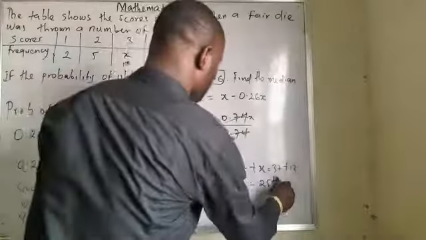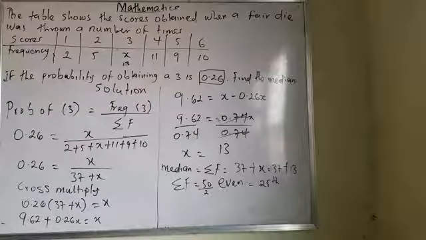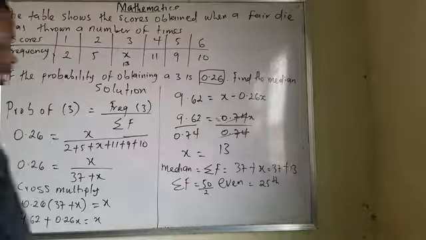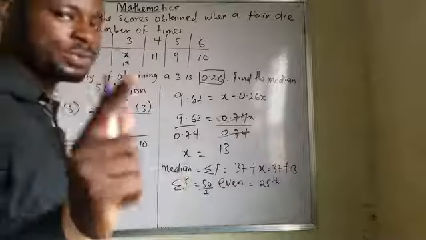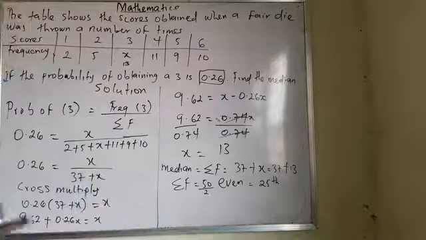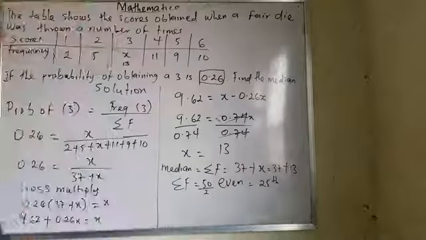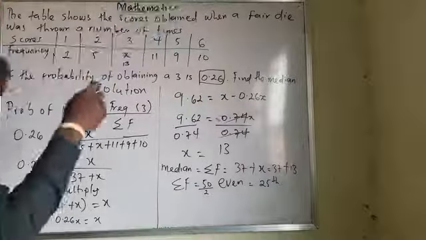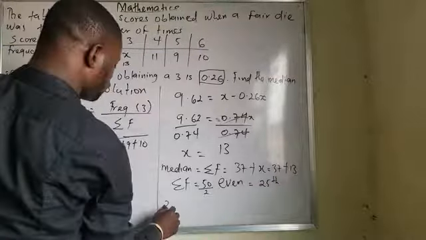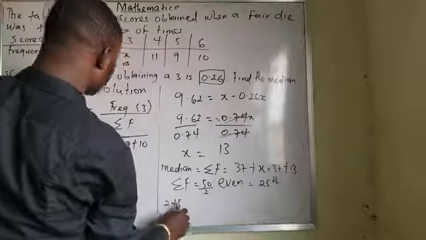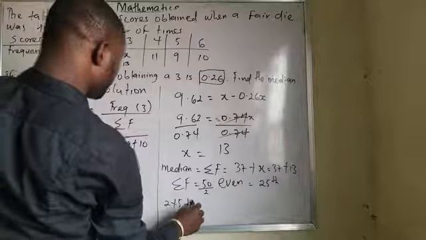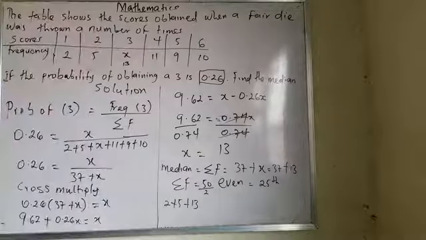Now, 25 positioning. What I will just do is add the frequency till we get 25. What I'm trying to do now is what we call cumulative frequency. It means I will say 5 plus 2 plus 5 plus 13. 2 plus 5 is 7, plus 13.